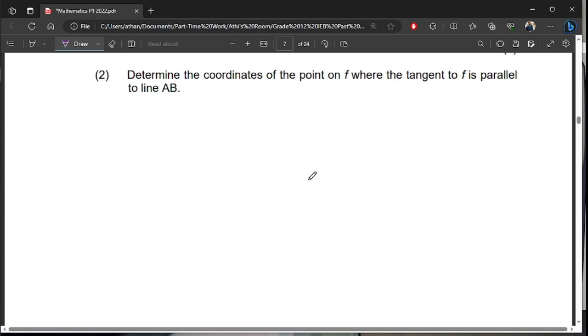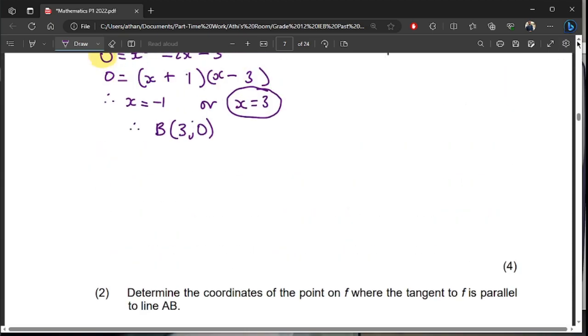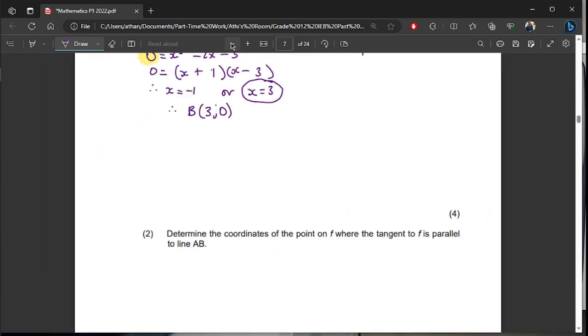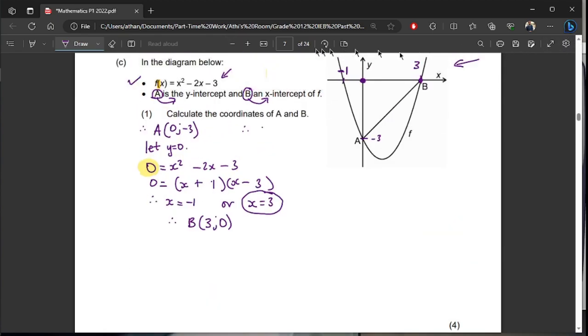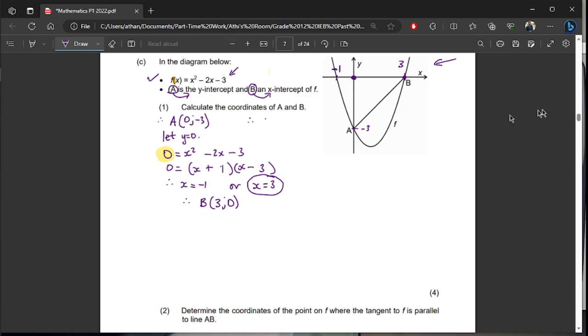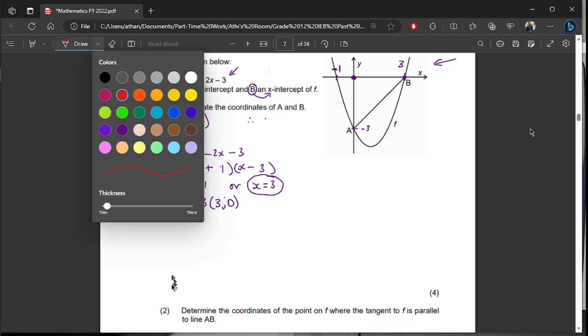The next question is: determine the coordinates of the point on f where the tangent to f is parallel to line AB. Let me zoom out and scroll up, because I want to read the question while looking at the diagram.